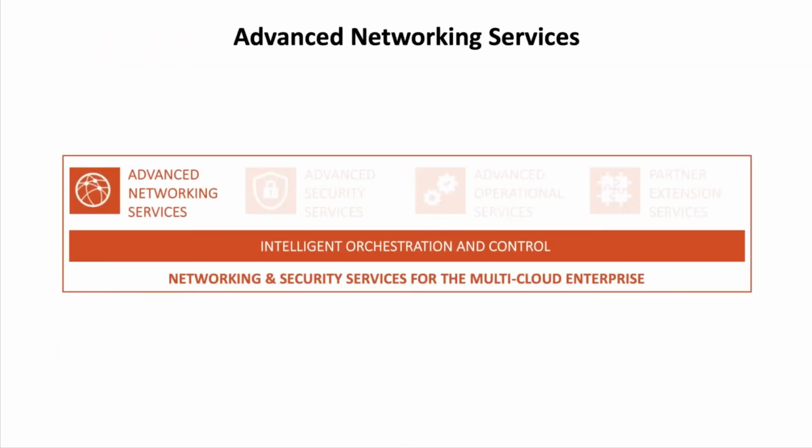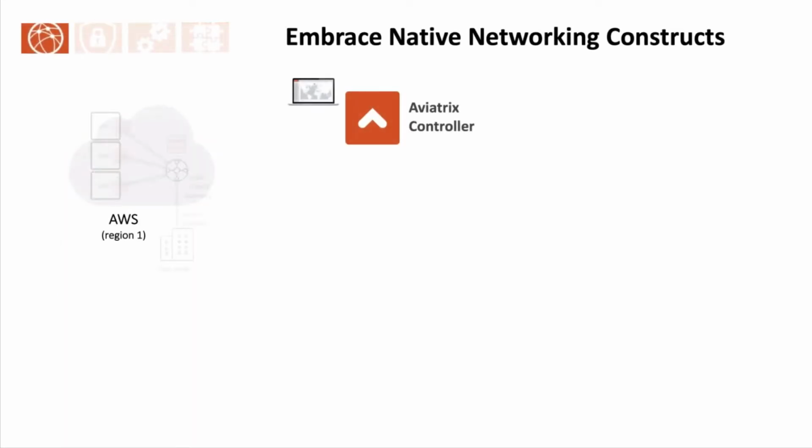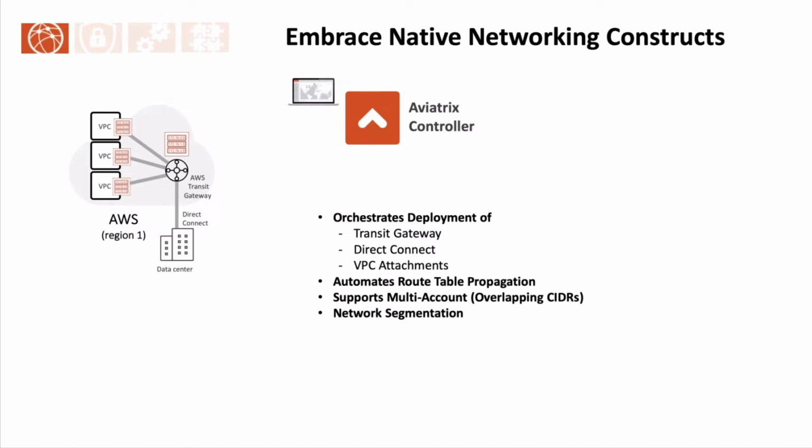So let's look at some of the advanced networking services, because obviously when you're coming in with a VPN service, you need to be able to leverage these to get to anywhere in your cloud environments. So we start with the Aviatrix Controller and using only, for example, the AWS native constructs, which might include the transit gateway, the direct connect, the VPC attachments.